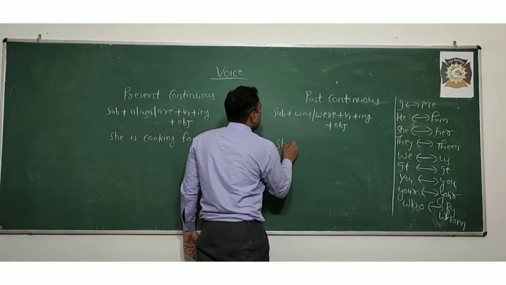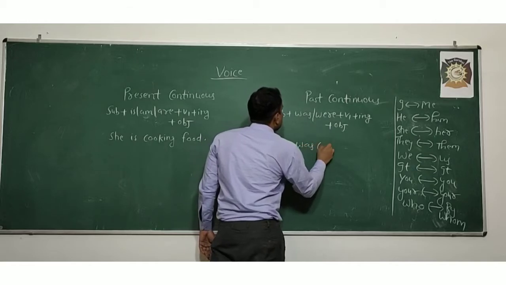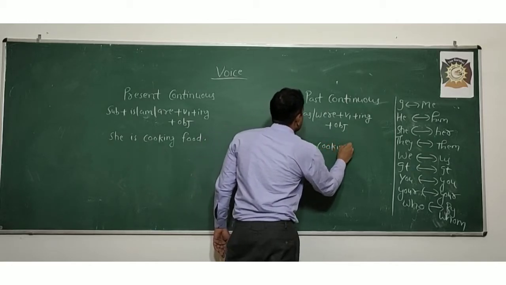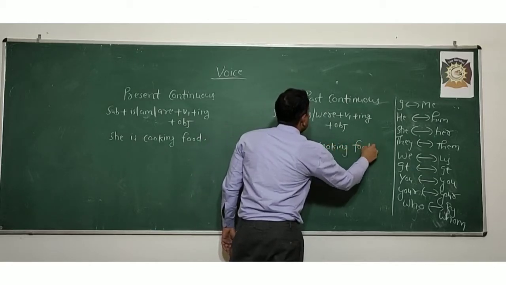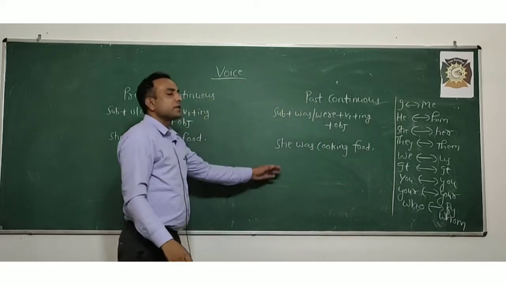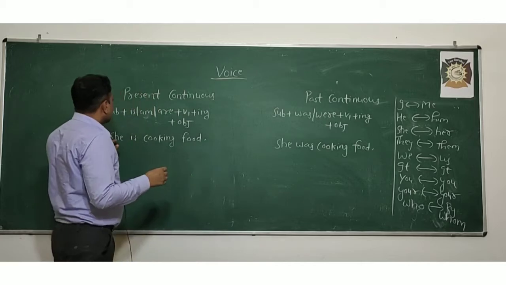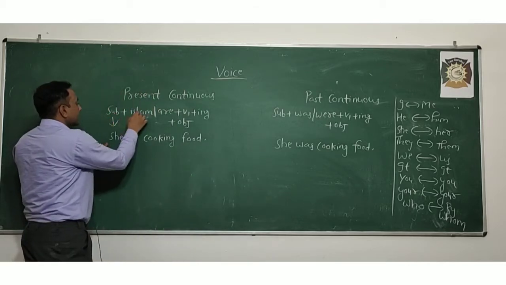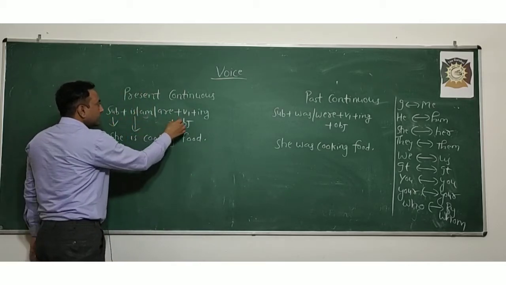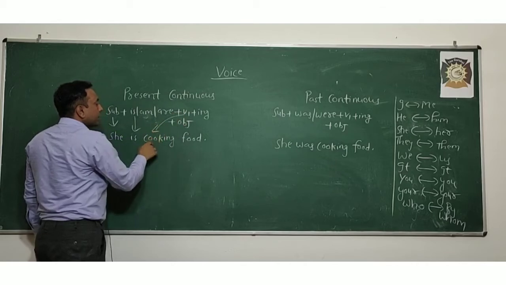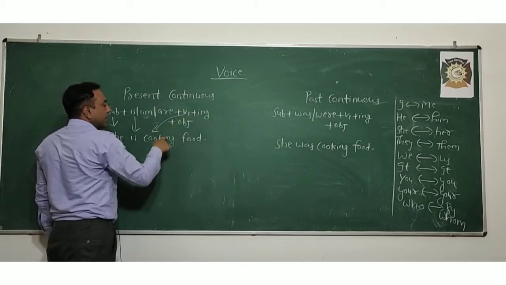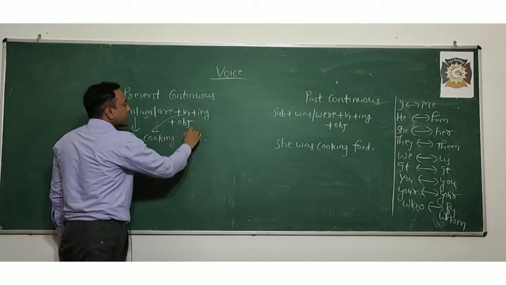So the same sentence I will write here: she was cooking food. This is a very simple sentence. I know that you all can change it. First of all, she is the subject and is/am/are, and then V1, cook is the first form plus ing, cooking, and object is food.